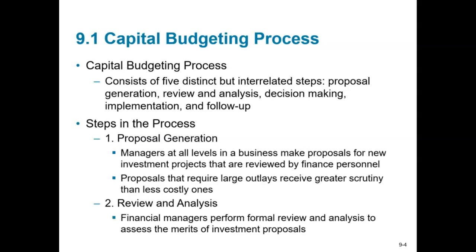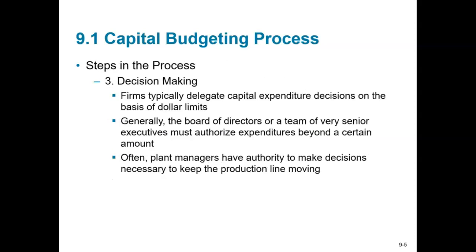Then the third is decision making. Firms typically delegate capital expenditure decisions on the basis of dollar limits. Generally, the board of directors or a team of very senior executives must authorize expenditures beyond a certain amount. Often, plant managers have the authority to make decisions necessary to keep the production line moving.